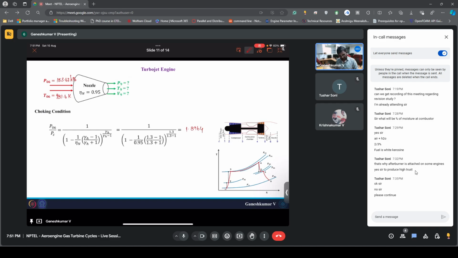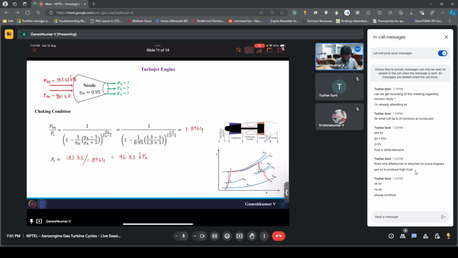If you rearrange this, PC would be P06, 183.63 kilopascal, divided by 1.8964. So the critical pressure would be something like 96.83 kilopascal.